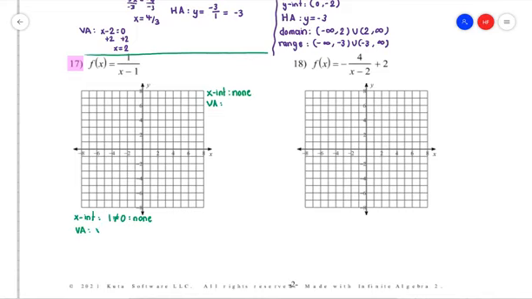We find that by taking the denominator, setting it equal to 0 and solving. So x equals 1, I wrote v. x equals 1 is our vertical asymptote.